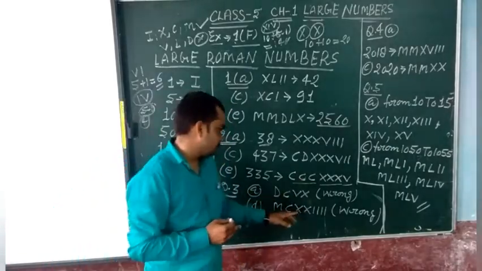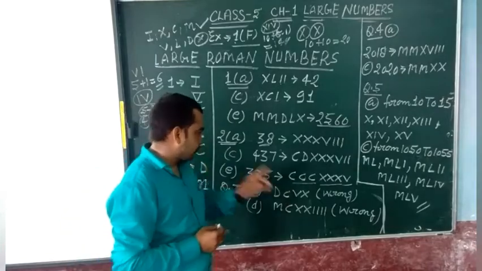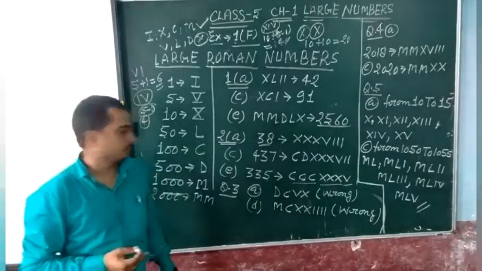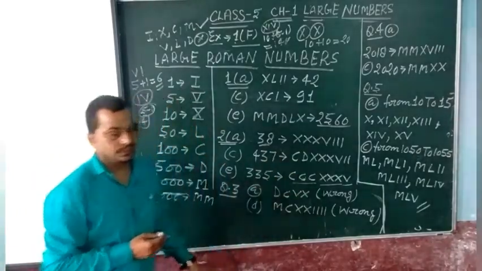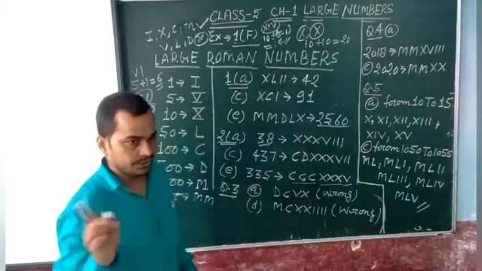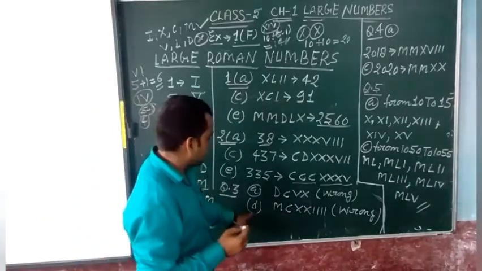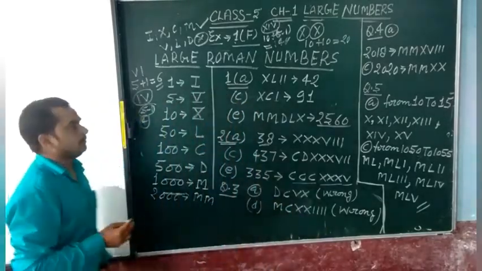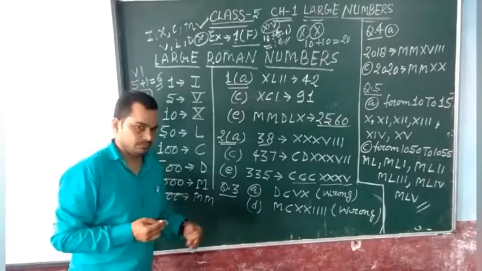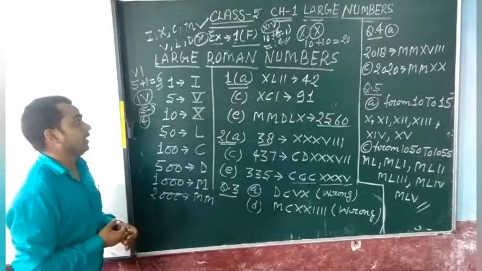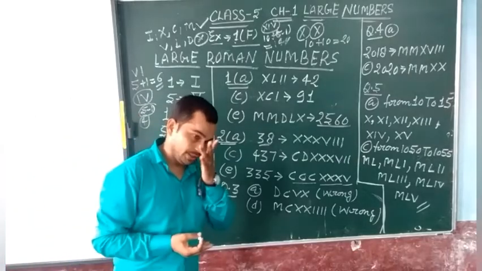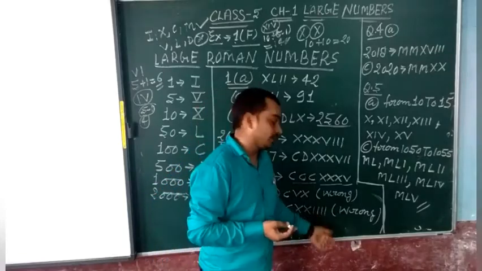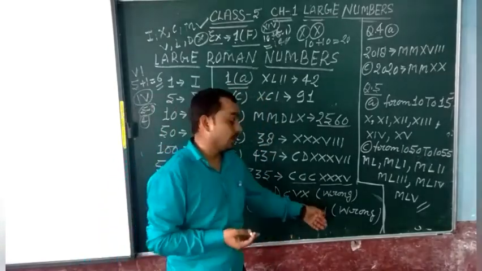That is not correct, because we never write V to the right of X. It is left of X: XV is 15, not VX. Next is MCXXXXX. So we are talking about the rules. We write X only 3 times, but here it is written 4 times, which is wrong. So these two are wrong.